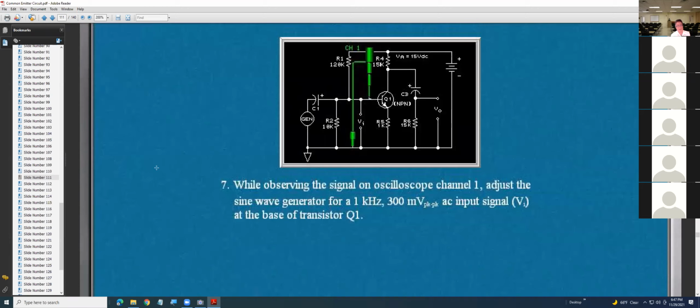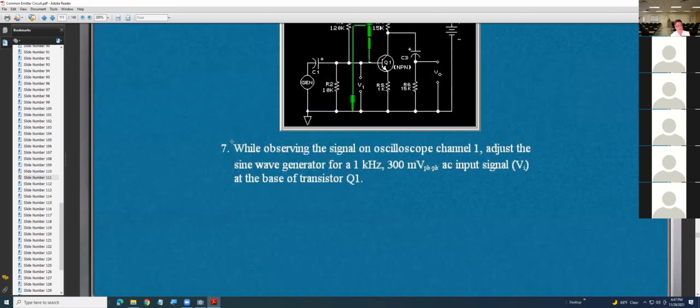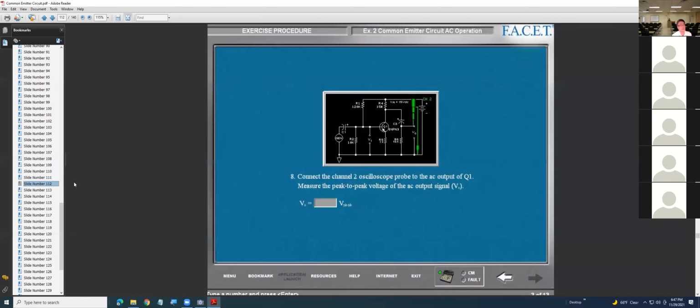Okay, so basically they want 1 kilohertz, 300 millivolt at the base, and then they want to measure the output.